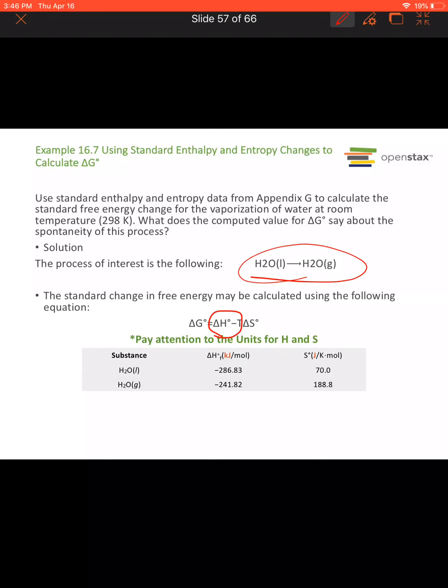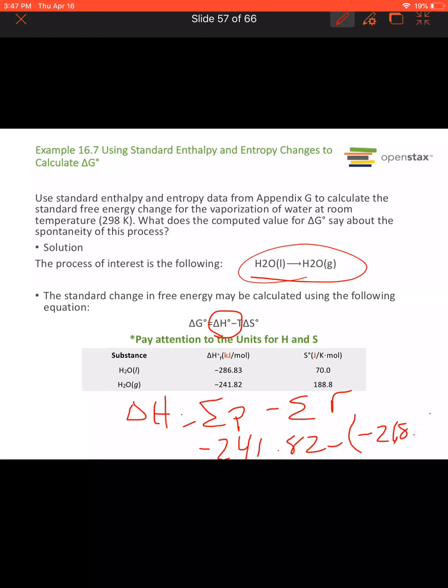So, again, delta H is equal to the sum of my products minus the sum of my reactants. So delta H is going to be negative 241.82 minus a negative 286.83.